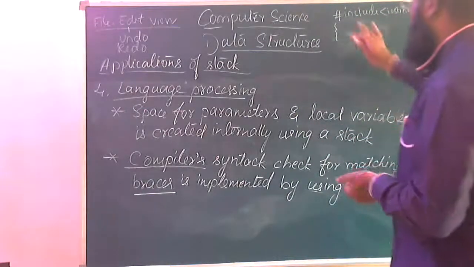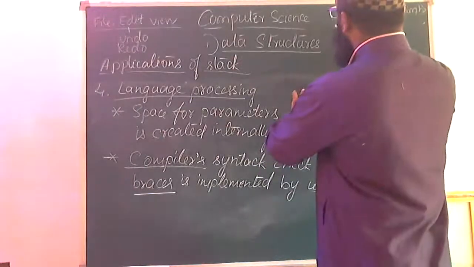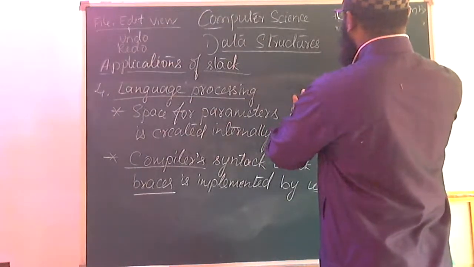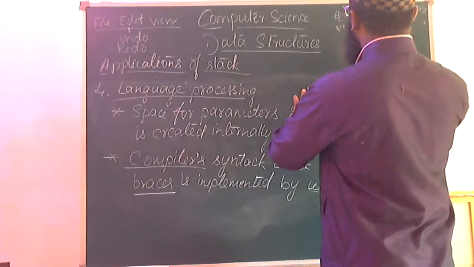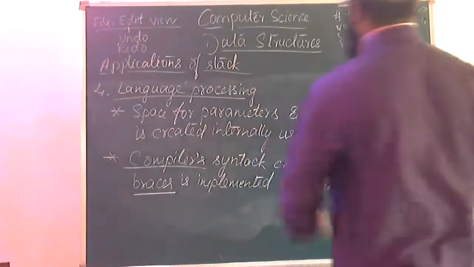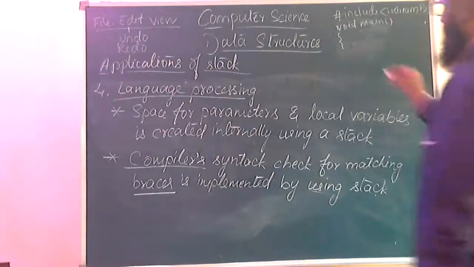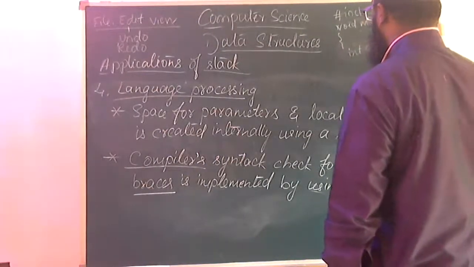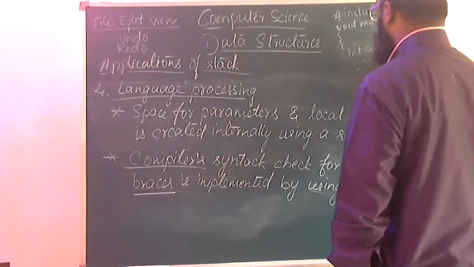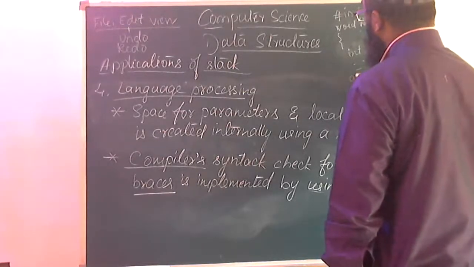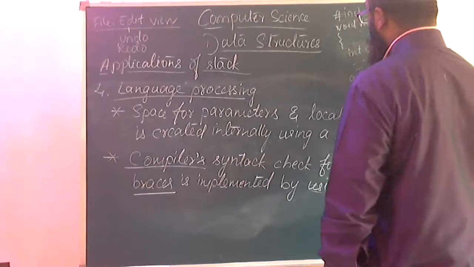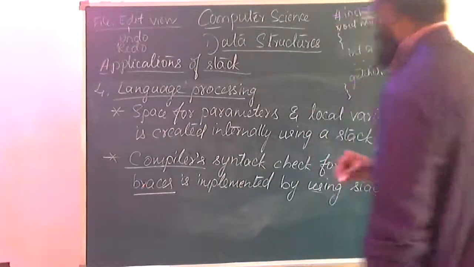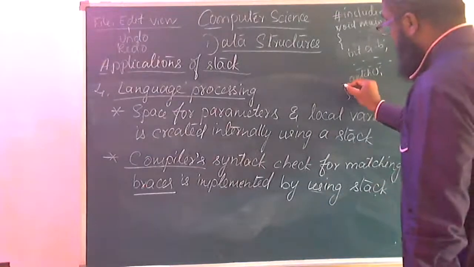Then you will write a main program here, void main. Then you will open a brace here. Then you will take the initial values, int a, b, and so on. Then you will write the program. After that, you will write getch. Then finally, by a closing brace, you will close the program.